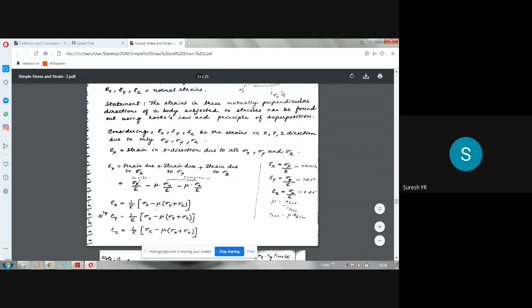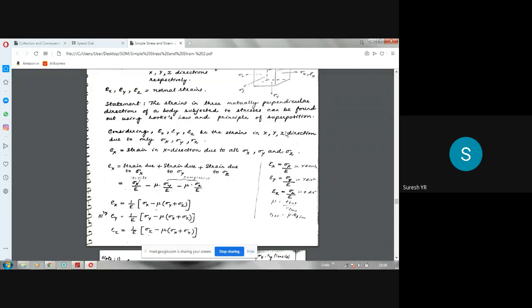That is why it is called generalized Hooke's law. If you are finding strain in only one direction due to only one stress, that is Hooke's law. Generalized Hooke's law means we are using that concept along with the principle of superposition to find the strain in all the three directions by adding the effects of linear strain and lateral strain.